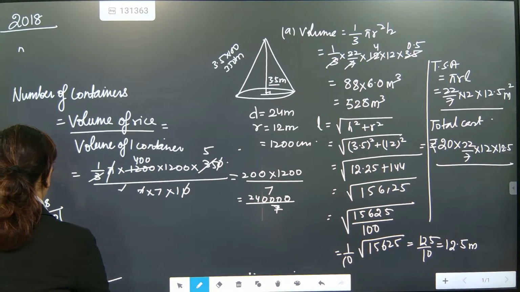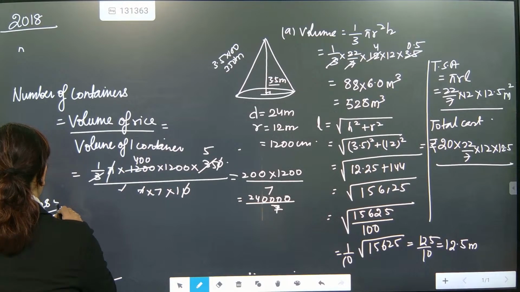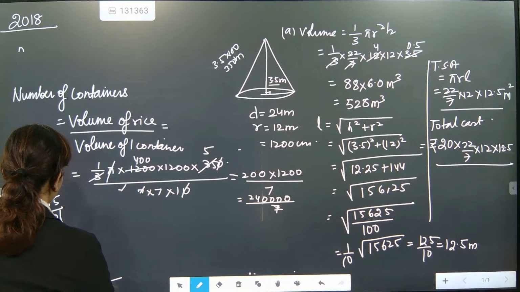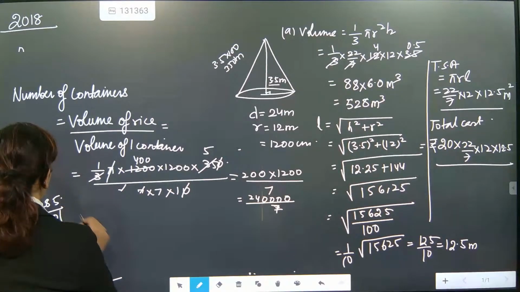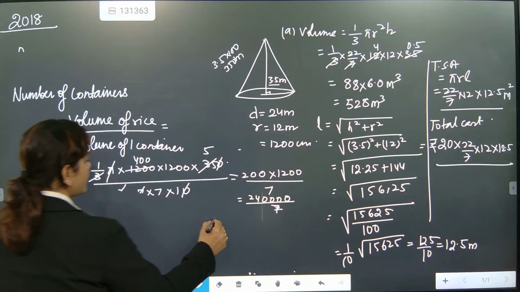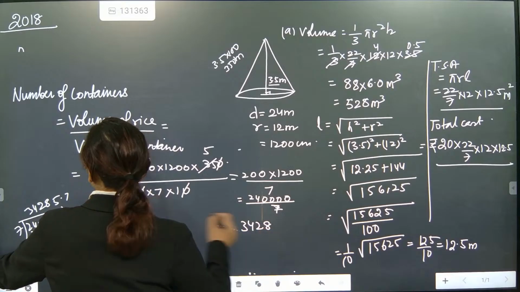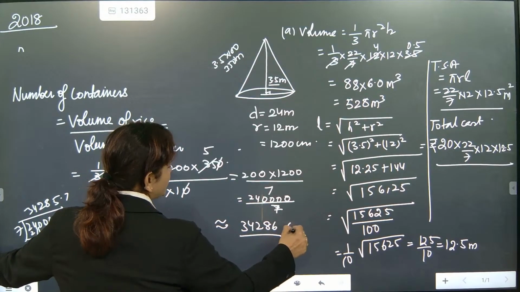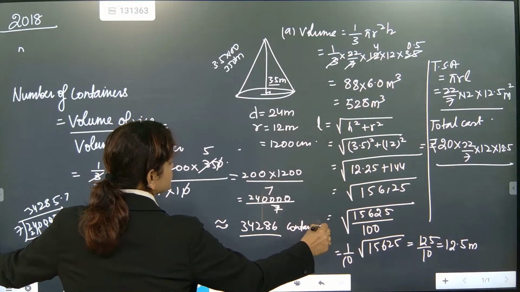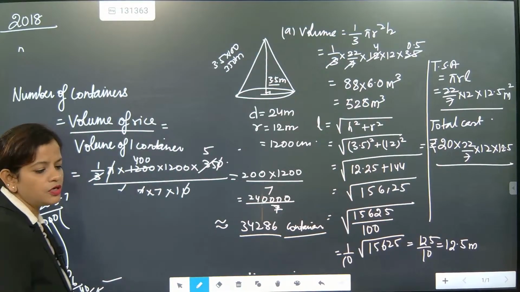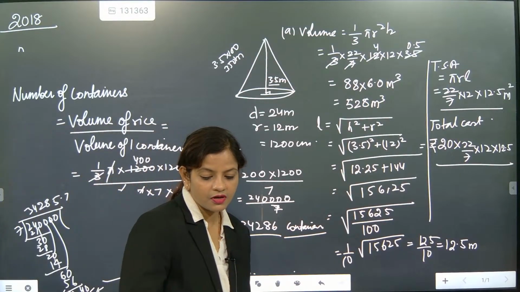So this many containers, 7535, approximately 0.77. So here it will come approximately 3, 4, 2, 8. So we will take 6 containers. Understood? So this is a way to solve.